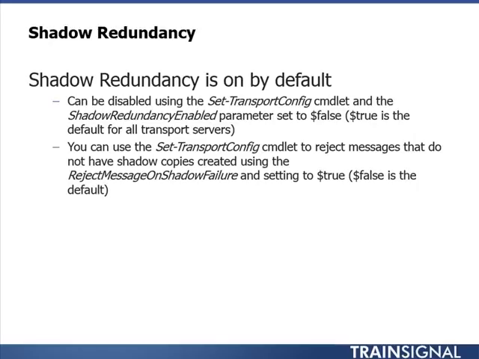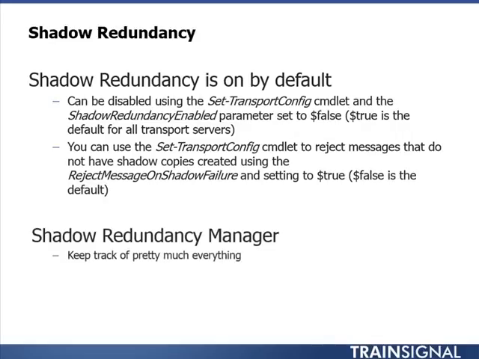Now, as we already mentioned, shadow redundancy doesn't track messages across transport high availability boundaries. So when a message crosses the boundary, that's when shadow redundancy will begin or restart. The other point we want to mention is that there's a shadow redundancy manager, and that manager keeps track of pretty much everything.